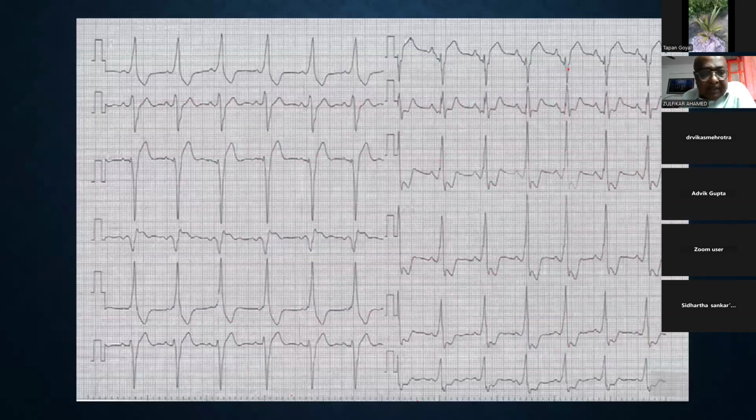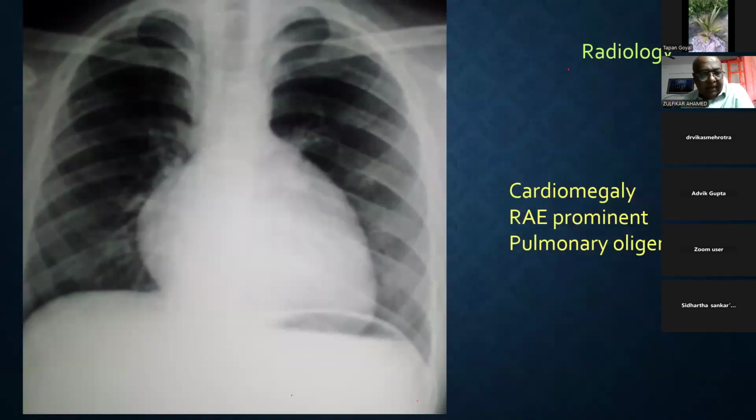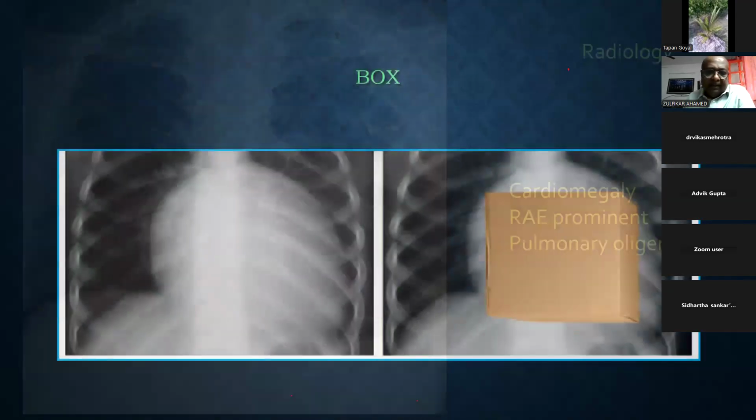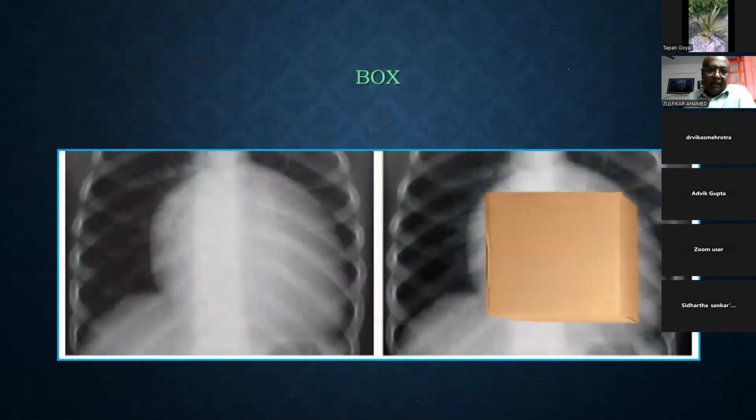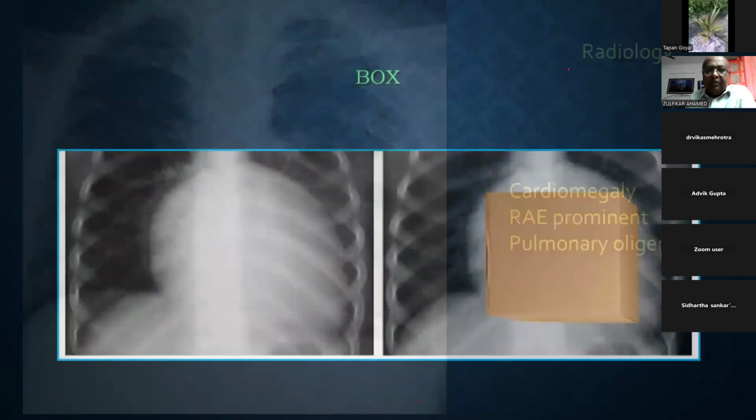And 15% of Epstein anomaly can have a WPW syndrome, which can lead to a supraventricular tachycardia. X-ray is very characteristic, a box-like heart with a huge right atrial enlargement, pulmonary oligemia, and a narrow base of the heart. This is Epstein anomaly.